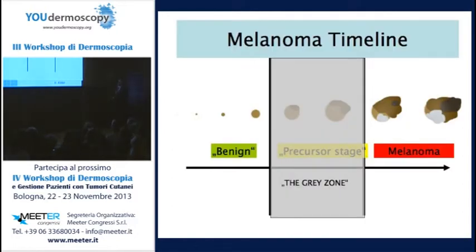So we assume that this evolution starts with benign nevi that look completely typical. Then there are atypical or dysplastic nevi that look more atypical. And these nevi are more likely to become a melanoma than typical nevi. This is the meaning of dysplastic, isn't it? At least sometimes we assume that.